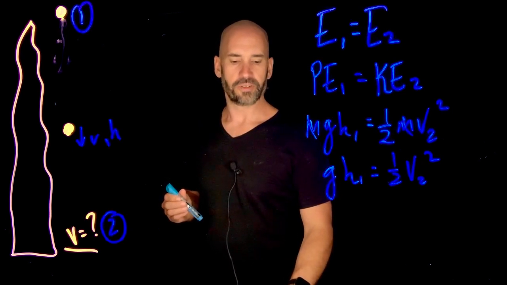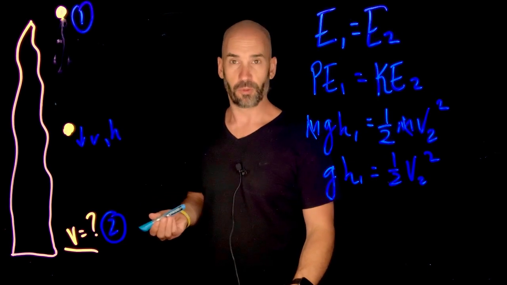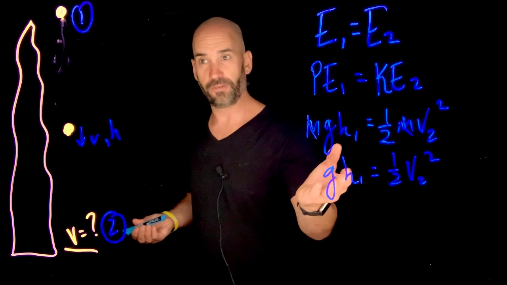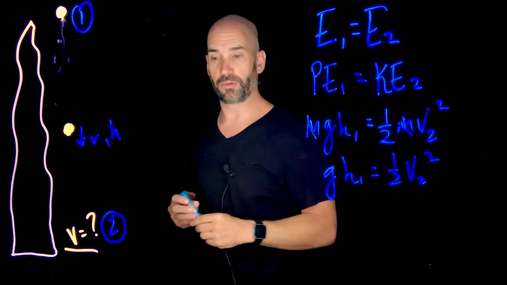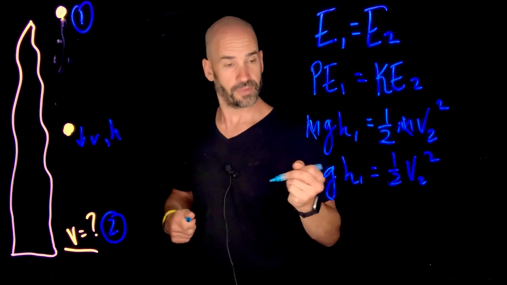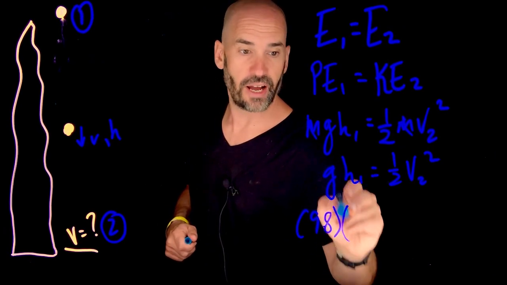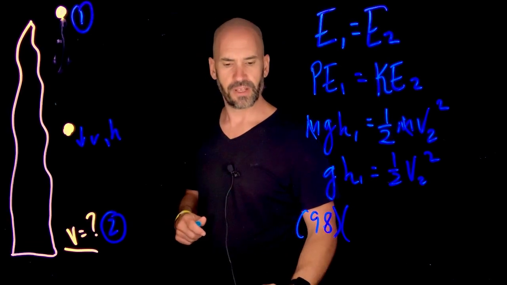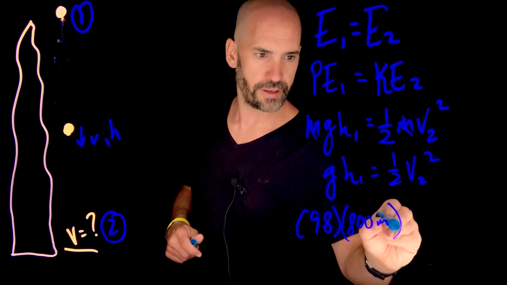And then I go to step 4, which is just put in your values and solve for whatever you're looking for. In this case, what are we looking for? Again, just like before, we want to find the speed of the gumball before it hits the ground. Well, my friends, g is 9.8. Our initial height is the height of the Burj Khalifa, which I believe we are using 800 meters, right?